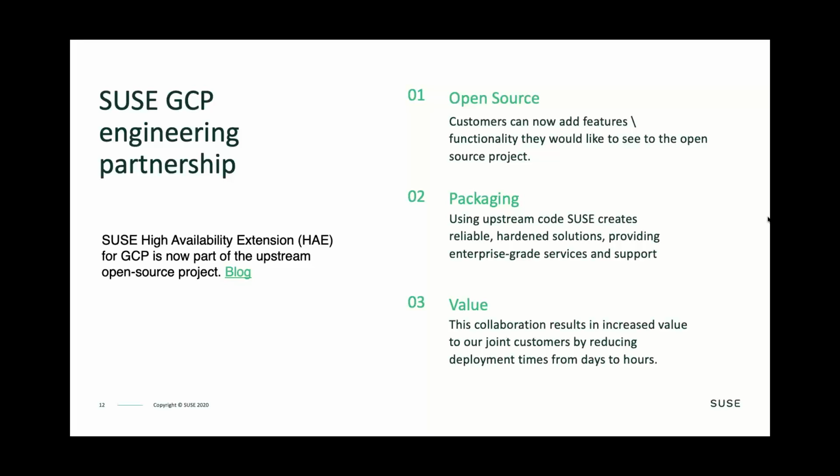Okay. So SUSE engineered for partnerships. One thing that's really great working with Google is they're open source, just like we're open source. All right, so there's a lot of synergies there. And one of the things that we just built was the SUSE High Availability Extension. This is now part of the GCP. And what this is really for was for a fencing agent and floating IP addresses.